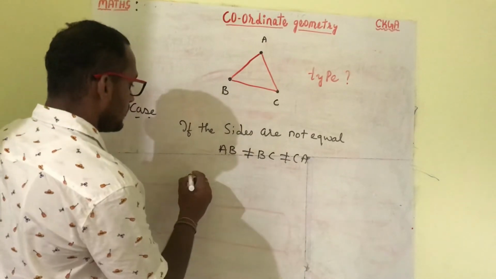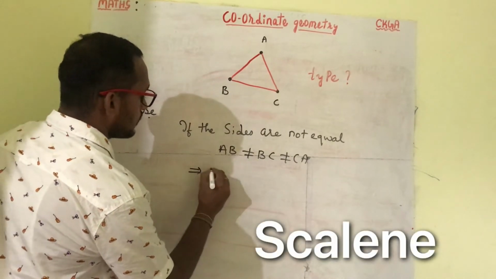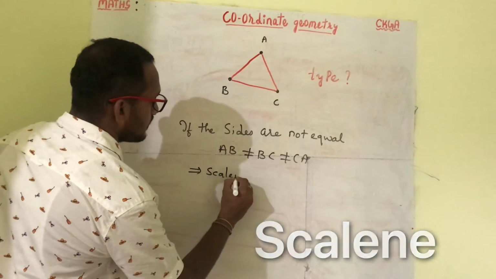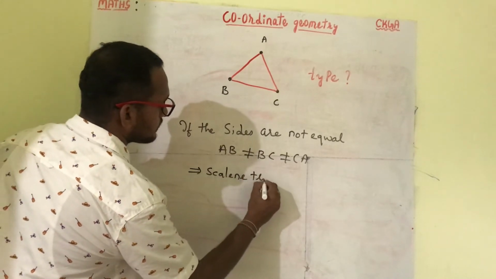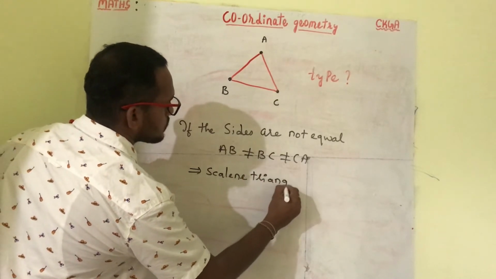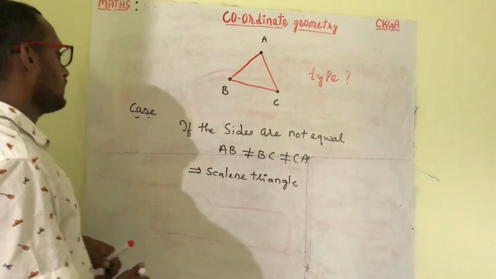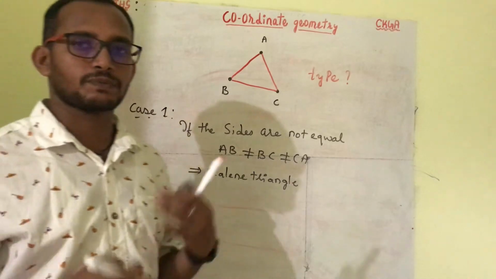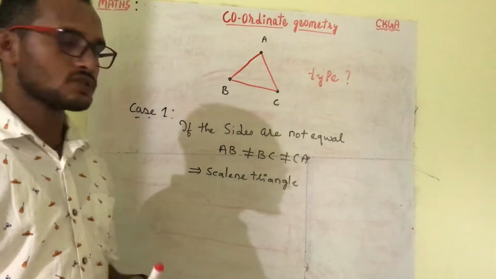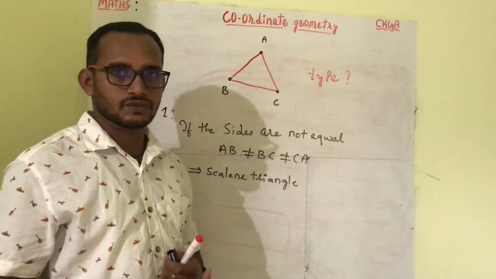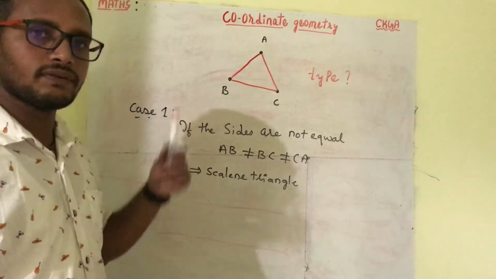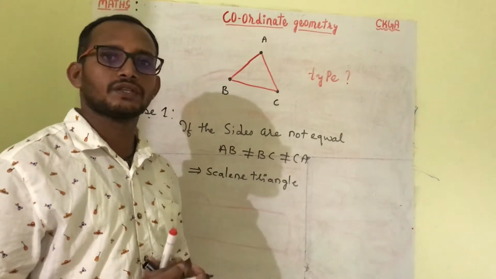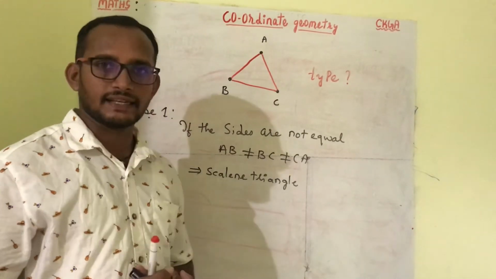This implies you will get a scalene triangle. So this is case 1. In case 1, you find the distances between the three given points. If you get three different lengths, you can conclude the triangle formed by three distinct points will be a scalene triangle.